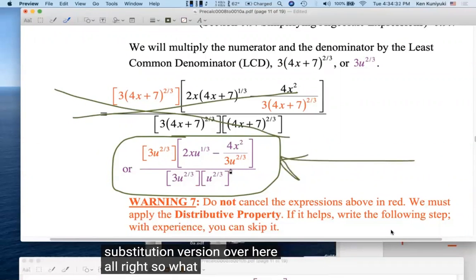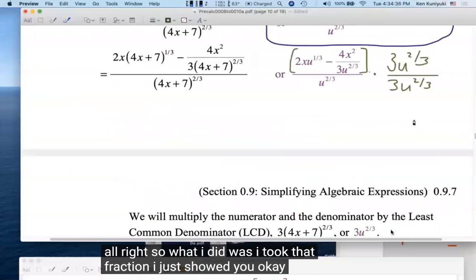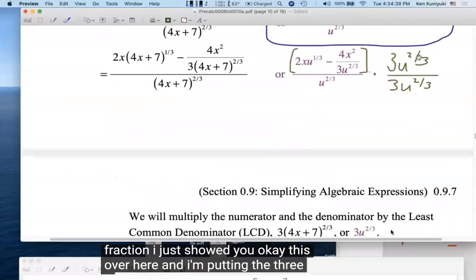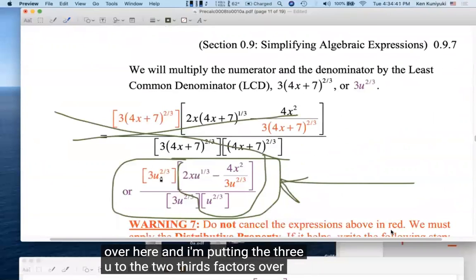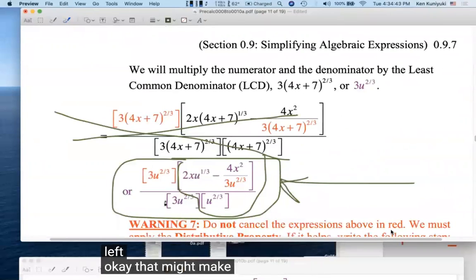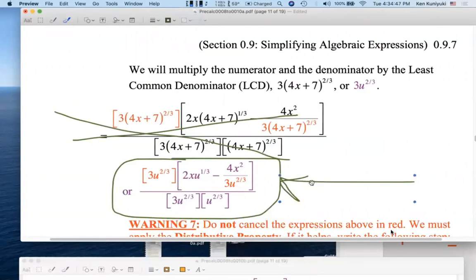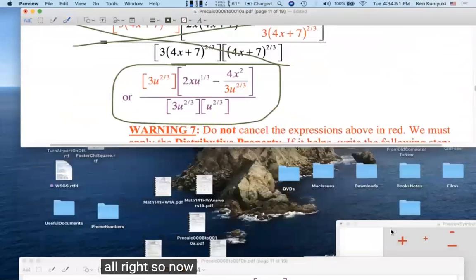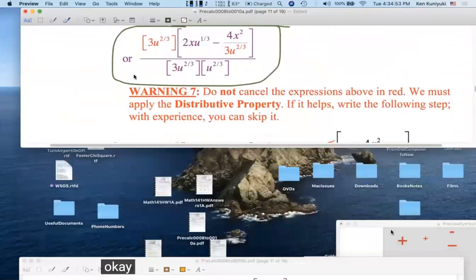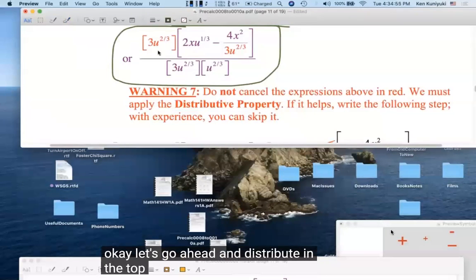All right. So what I did was I took that fraction I just showed you, this over here, and I'm putting the 3u to the 2/3 factors over to the left. That might make things easier. So now, let's go ahead and distribute in the top.